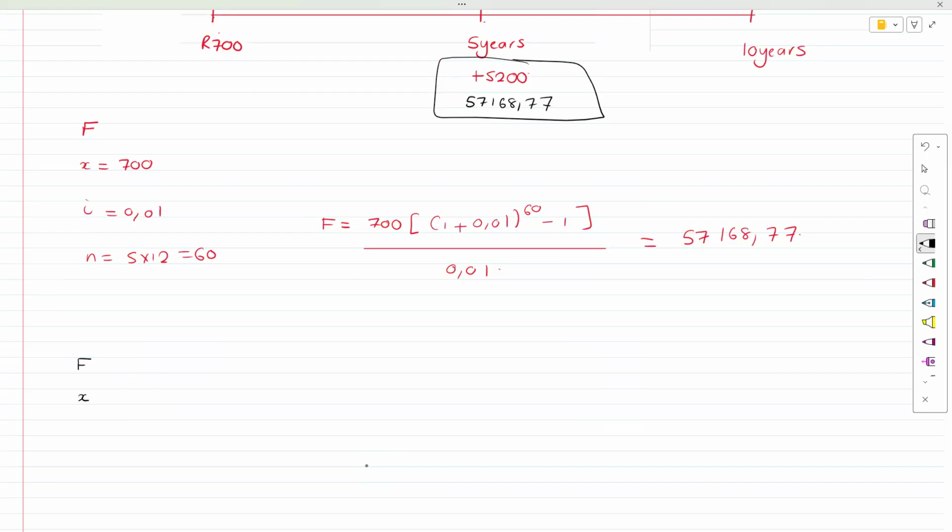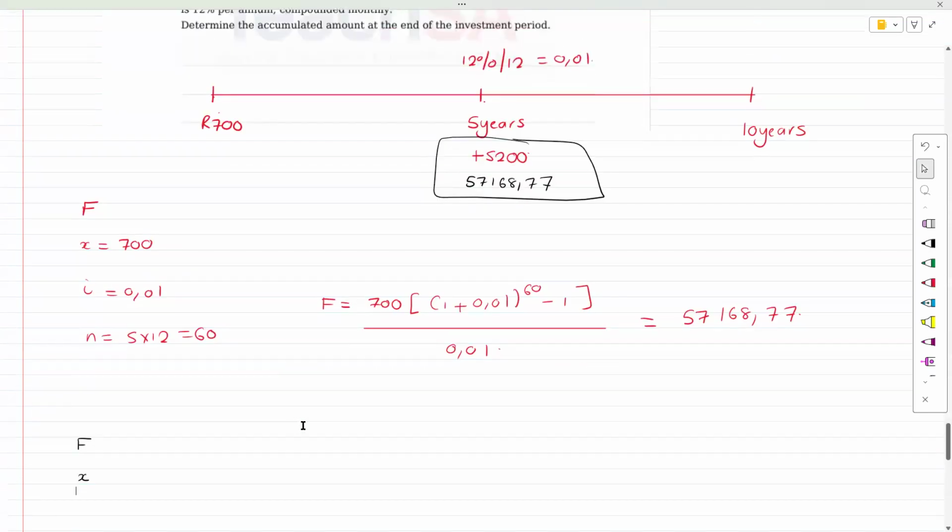You know what? It's also not just a lump sum, it's a monthly payment. So again, it's not going to work out properly. I can just see it, guys.